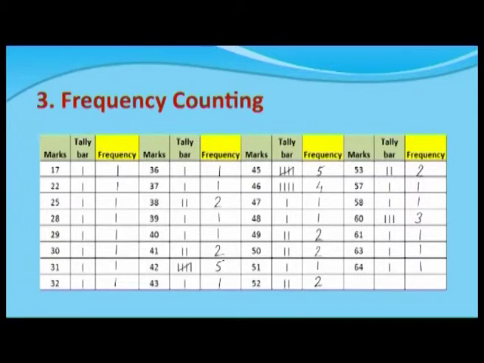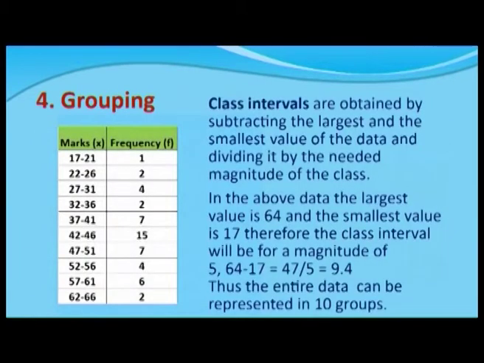Then the first real step of condensation consists in classifying the data into classes by dividing the entire range into a suitable number of groups. In the next step, we have used a simple technique to group the marks column into data points in a range, each of interval 5, starting from the lowest value without using any formula.